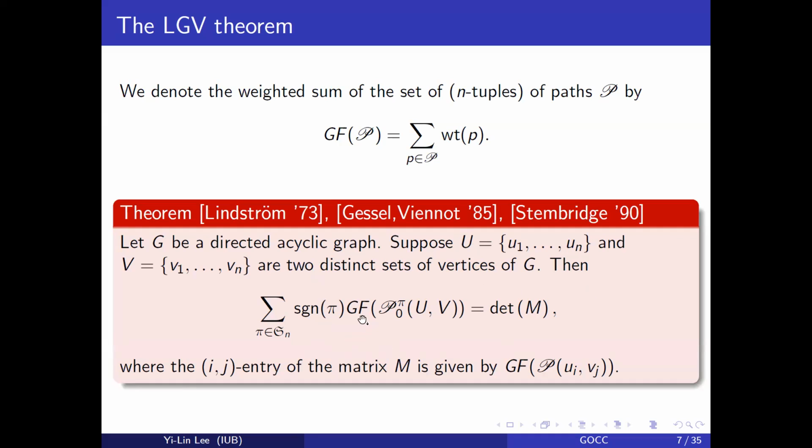On the left-hand side, we consider all the non-intersecting lattice paths going from U to V with connection type pi, multiplied by the permutation sign, and we sum over all possible connection types. It's given by the determinant of a matrix where the ij entry is the weighted sum of the paths going from U_i to V_j. So this is the general version of the Lindstrom-Gessel-Viennot theorem.